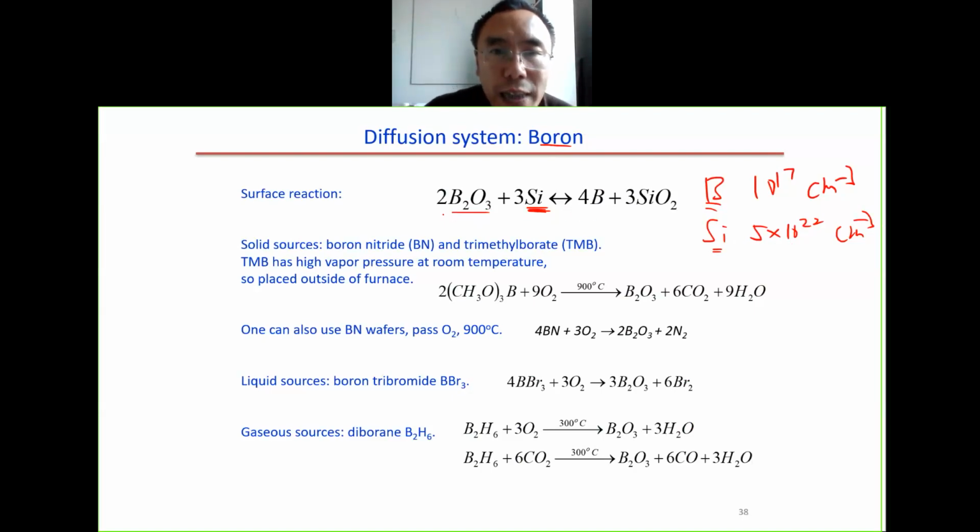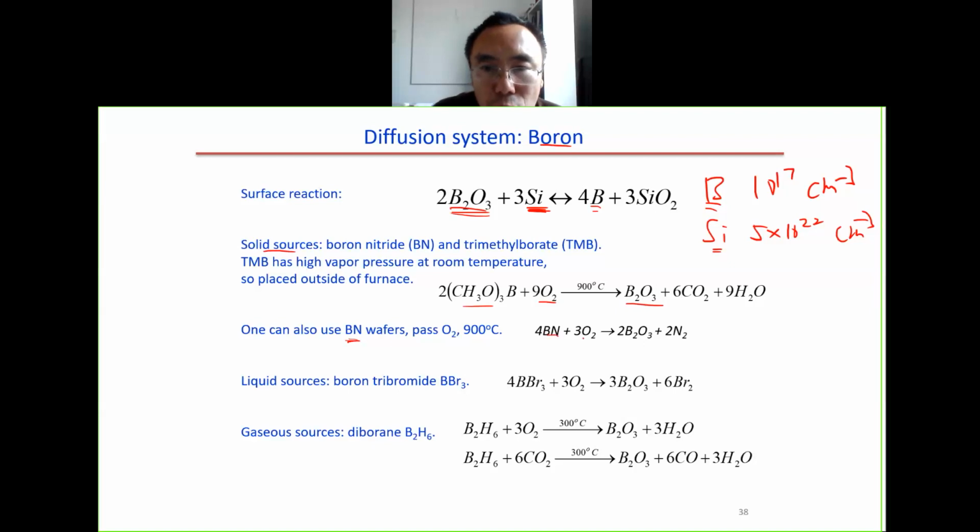So the idea is to form this boron oxide. So we have the solid source, boron nitride or trimethyl borate. This trimethyl borate reacts with oxygen to form the boron oxide. This boron oxide will form the boron dopant. We can also use boron nitride.